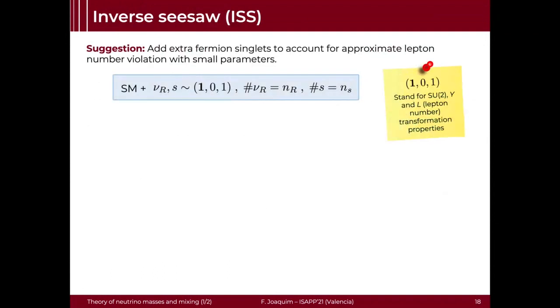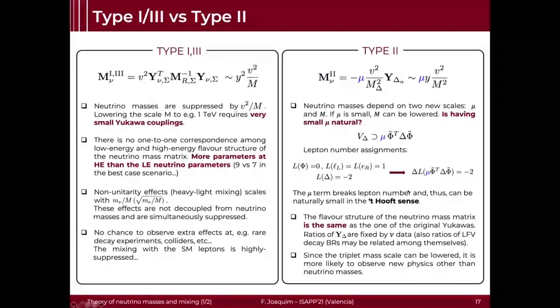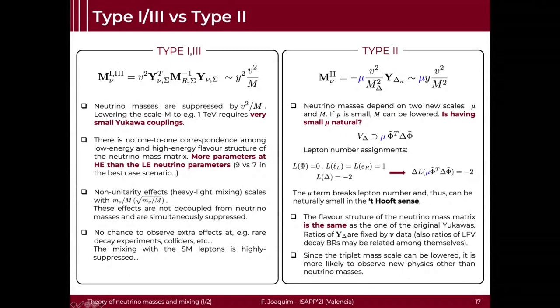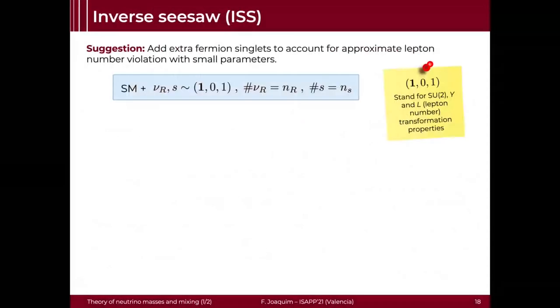So the question is now, can we find other realizations of the seesaw mechanism which share this nice feature of having an extra mass scale that could also contribute to the suppression of neutrino masses, in such a way that I can lower the scale of the new degrees of freedom? And the answer is yes.